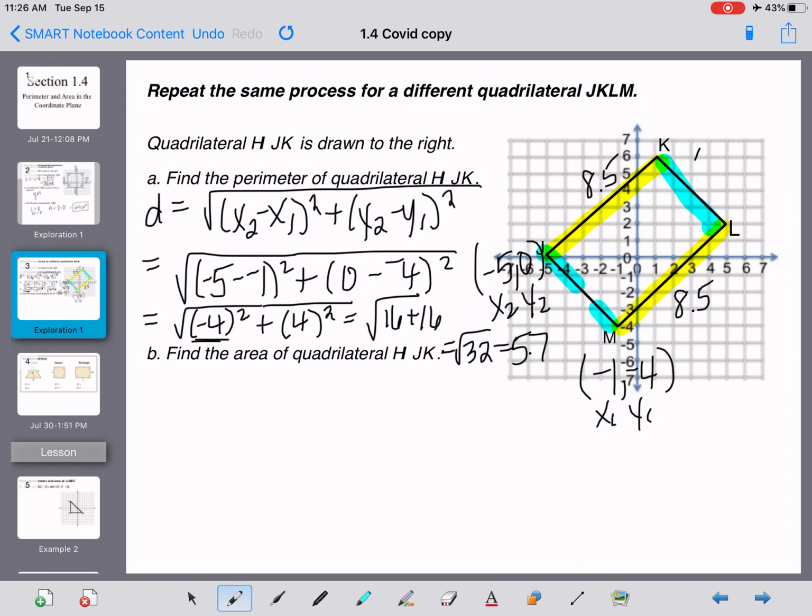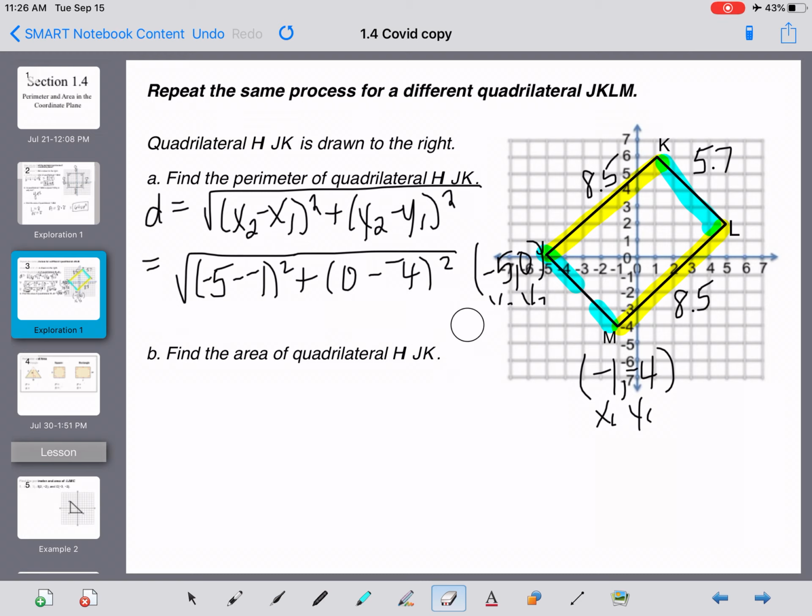So this side's 5.7, and this side is also 5.7. So again, pause it. I'm going to erase this just to give myself more room, because we got things going everywhere right here. So again, if this is 5.7, this is also 5.7.